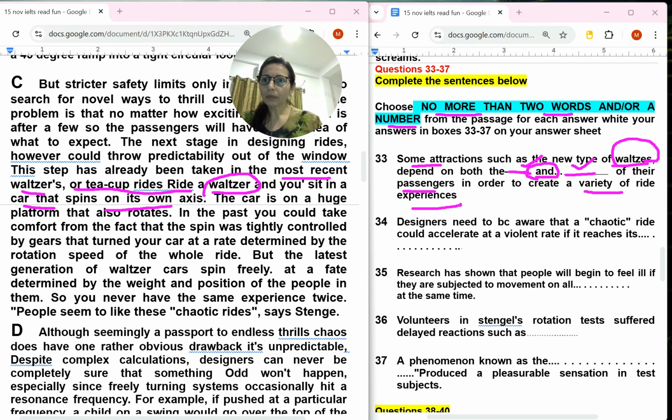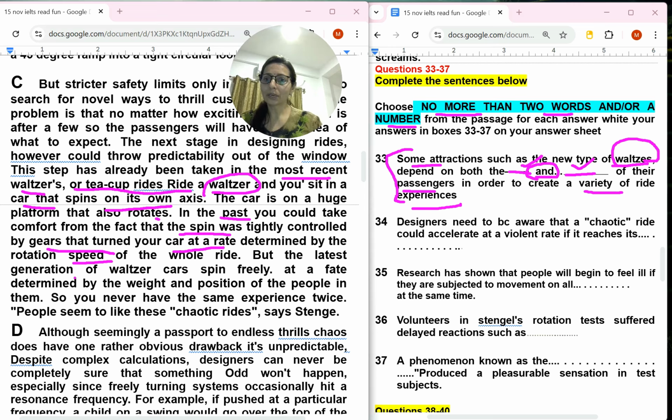You sit in a car that spins on its axis. The car is on a huge platform that also rotates. So they are explaining the things; here they have combined 3-4 sentences into one. In the past, you could take comfort from the fact that spin was tightly controlled by gears that turn your car at a rate determined by the ride.